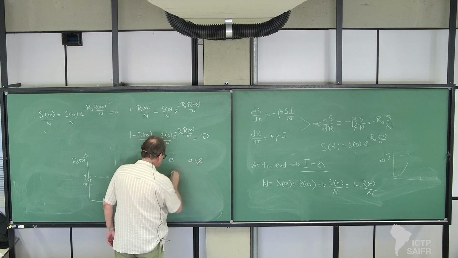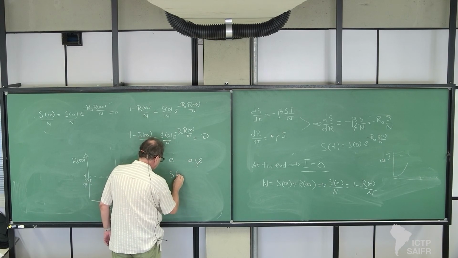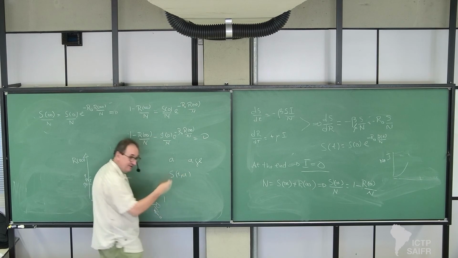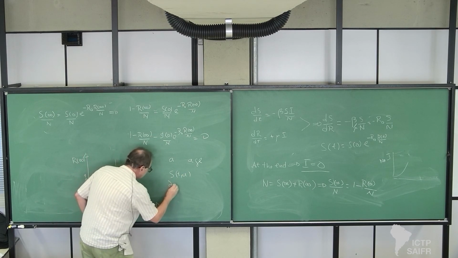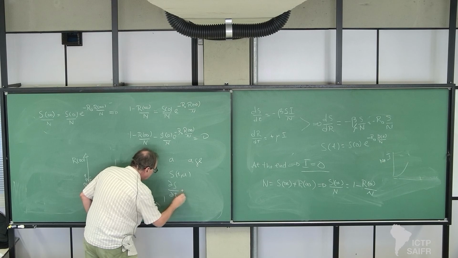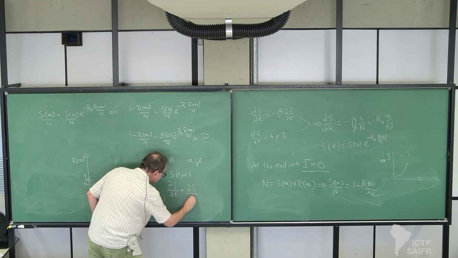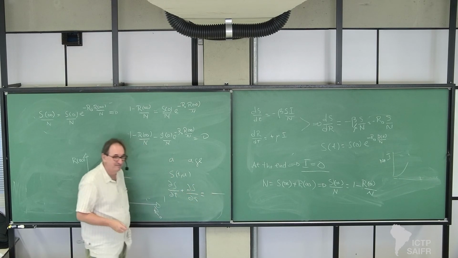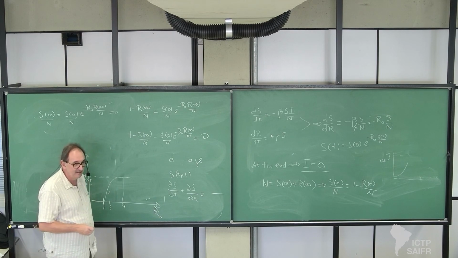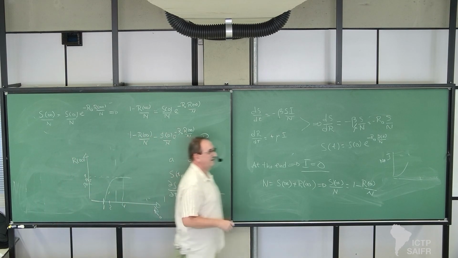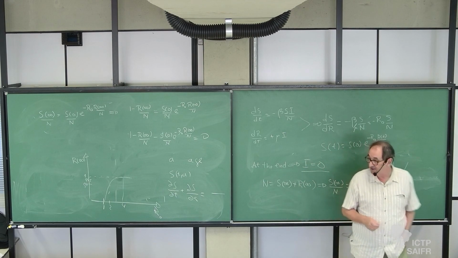Then S will be some function of t and a, and the others also. Then you will get dS/dt plus dS/da equal to something. That you can usually do. It has been done from the very beginnings of epidemiology.